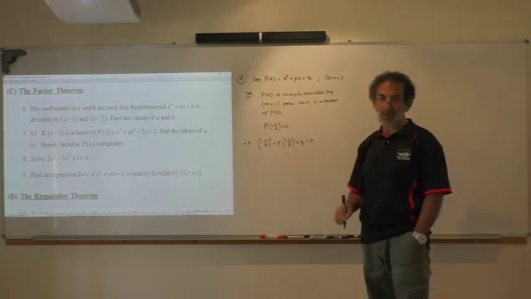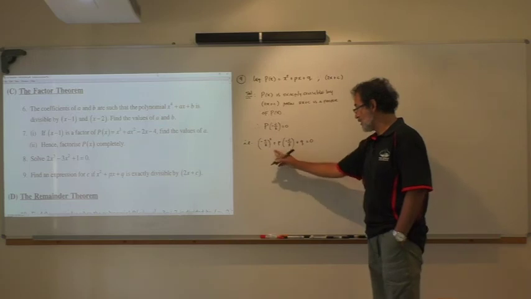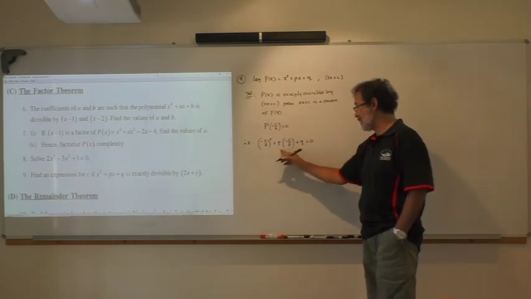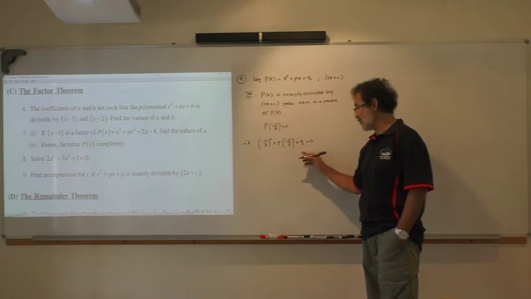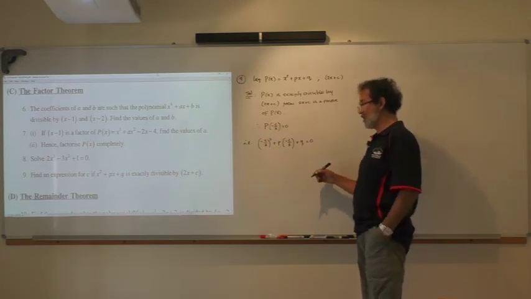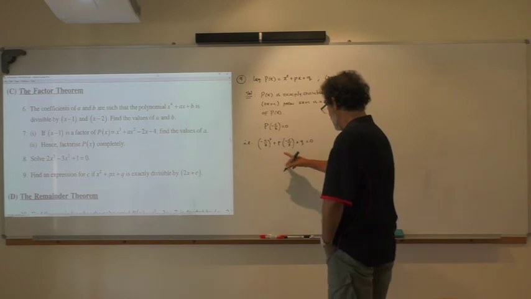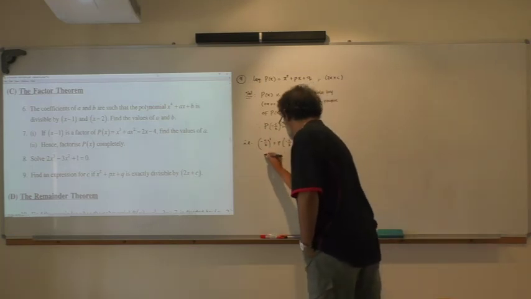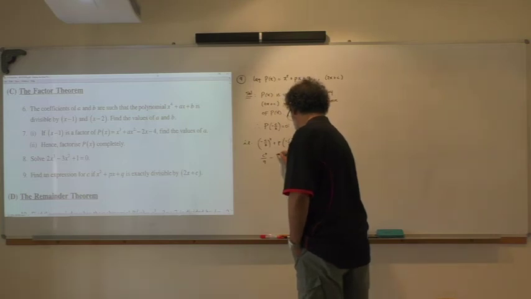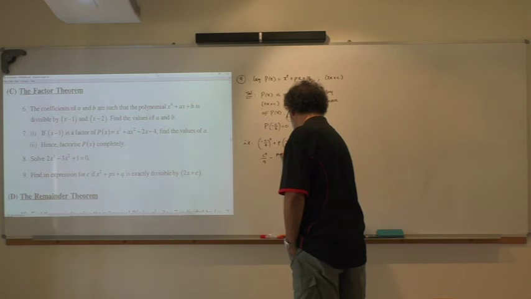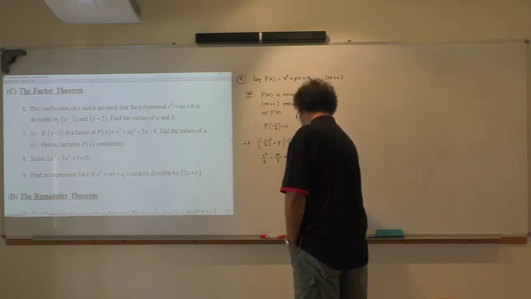Okay, so that is what we have. From here, we are going to obtain a quadratic equation for c, and then we're going to solve that equation. So this is c squared on 4, and this is minus pc on 2, and then plus q equals 0.